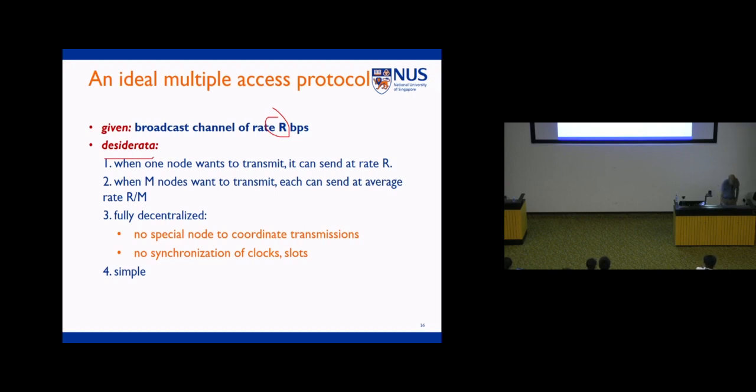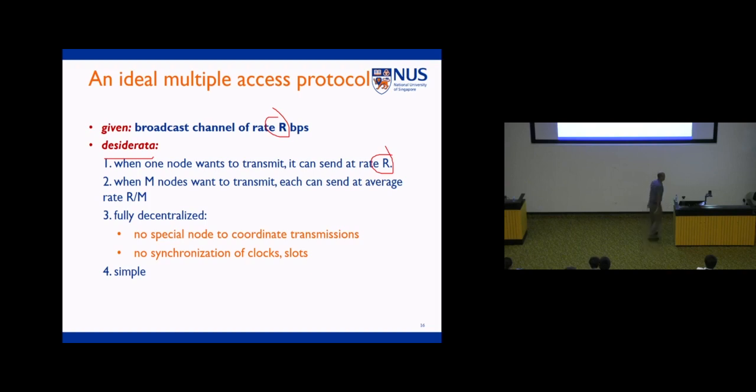One is, if there is a single node who wants to transmit, like right now I'm the only one talking, ideally it should be able to transmit at that full rate. Let's say for some reason nobody else wants to talk, I'm the only one who wants to talk, I should be able to talk at full rate.